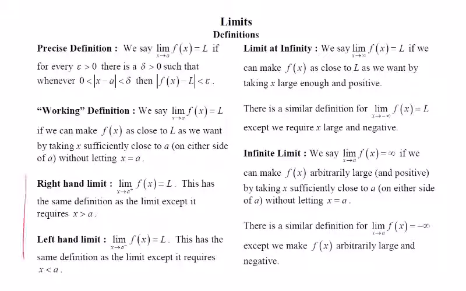Of course, we have right hand, left hand limits, and then we have infinite limits, which are the ones that equal infinity or negative infinity as we approach something else, right? As we approach some value that is going to be an asymptote. That's what we've done before, right?